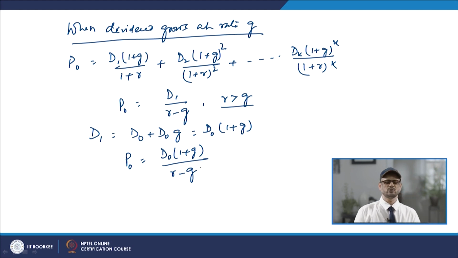So, when you know the growth rate at which the dividends will be increasing, you use this formula to find the price of the stock.